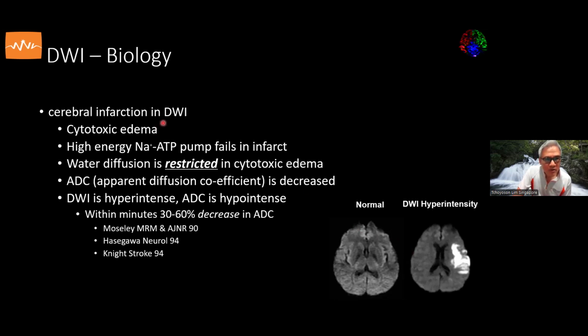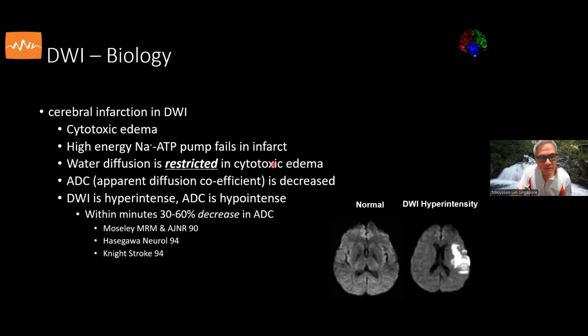In abnormal pathology, the biological result of cerebral infarction is cytotoxic edema. That is when a brain tissue is cut off from high energy ATP. When blood ceases to flow, the sodium-potassium ATP pump fails and water is restricted in its movement inside the dead tissue.